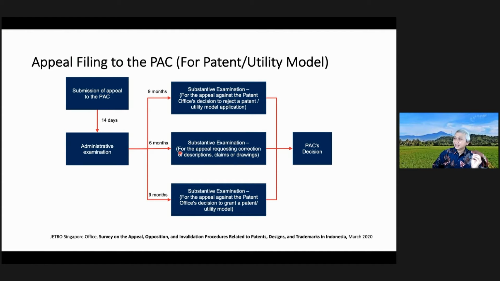So the translation mistakes are sometimes very fatal. So sometimes they make requests for correction.